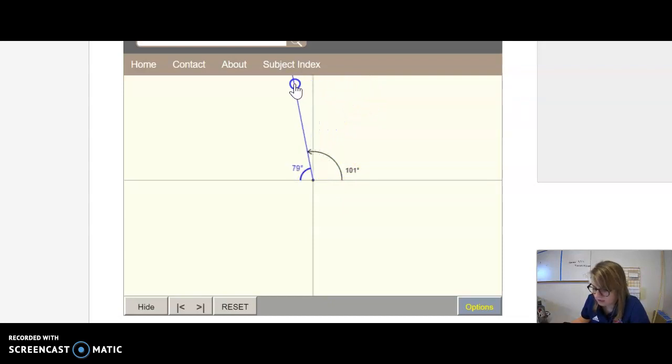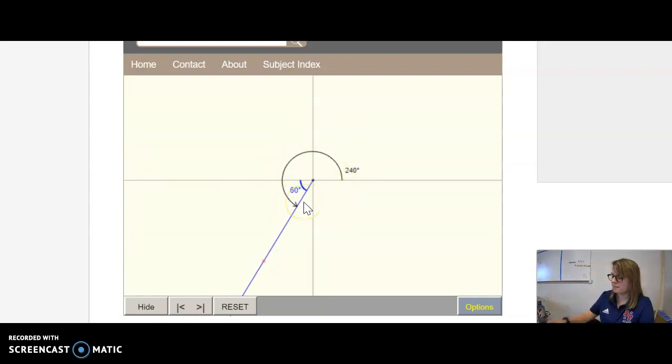Now if it's in quadrant 2, say it's 123 degrees, well the reference angle is going to be 57 because it's closer to that x-axis than the other one. Alright? So then keep on going. Now if it's in quadrant 3, say it's 240 degrees all the way around, then it's going to be 60 degrees as a reference angle, because that's how close it is to the x-axis.